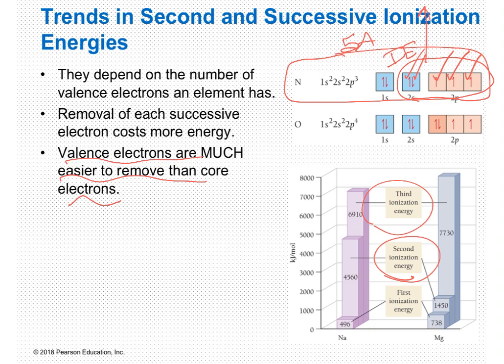It becomes extremely high. So if you have a substance and you don't know what it is, and you do successive ionization energies, the ionization energy that gets all of a sudden really, really high means you reached the core electrons. So you can find out how many valence electrons a test sample has.